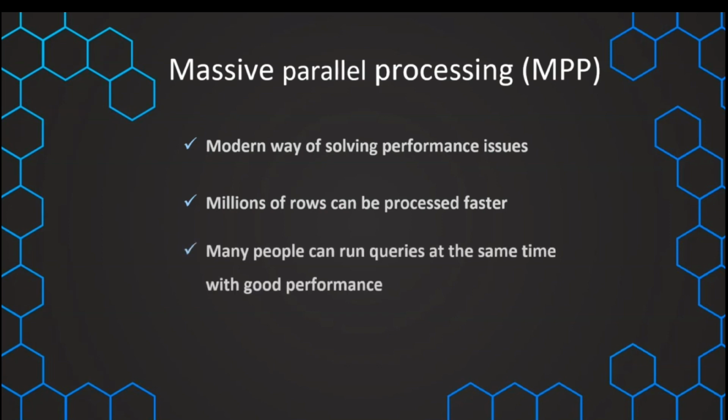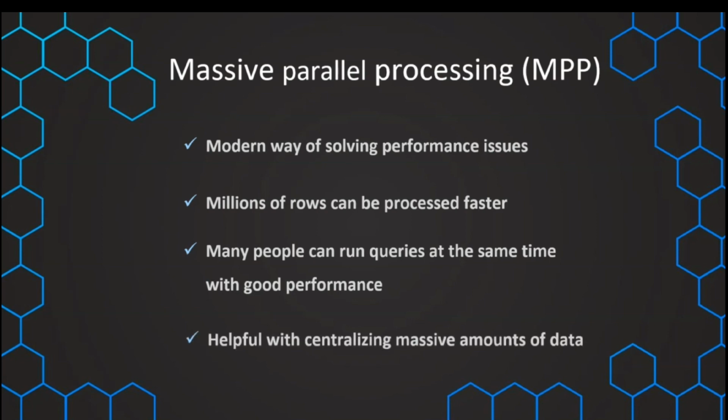And also, if we have many users that all need to wait until the queries are returned, we can now also process them in parallel, which will also ensure a good query performance, even if we have many people running queries against our database system.